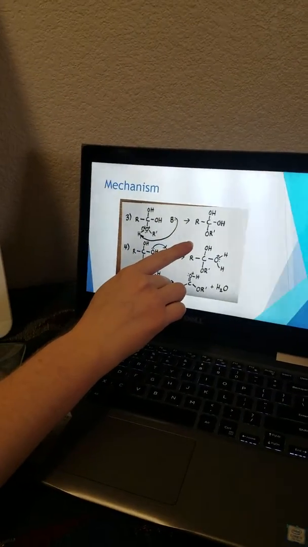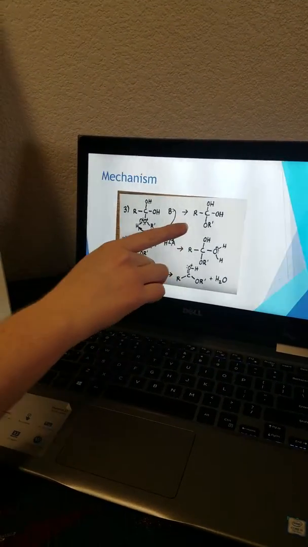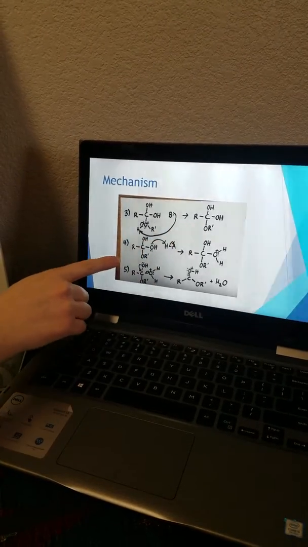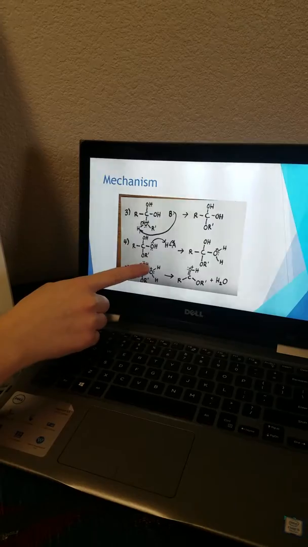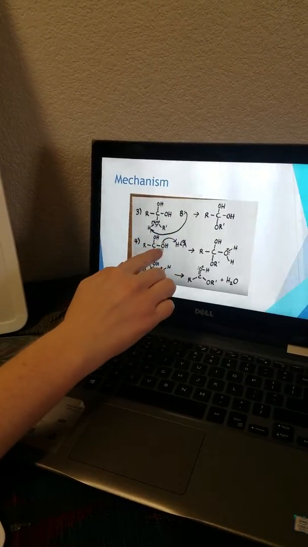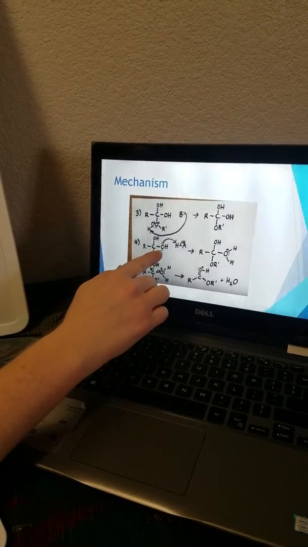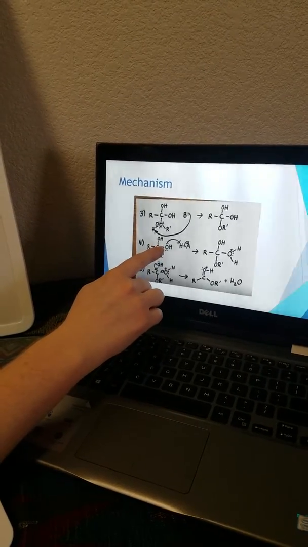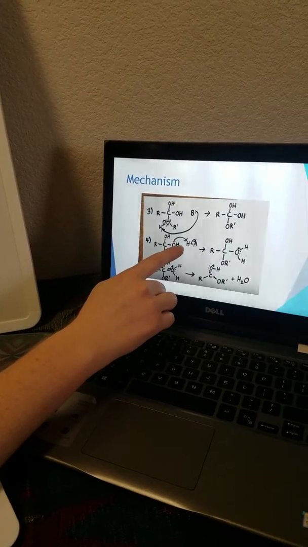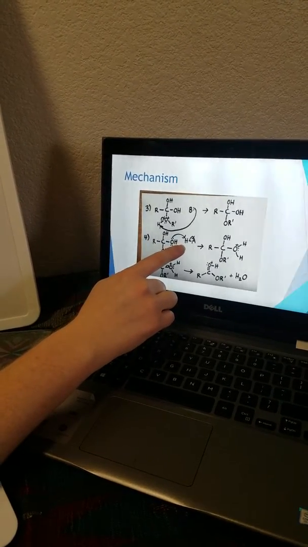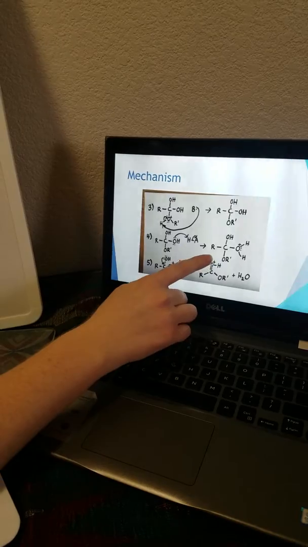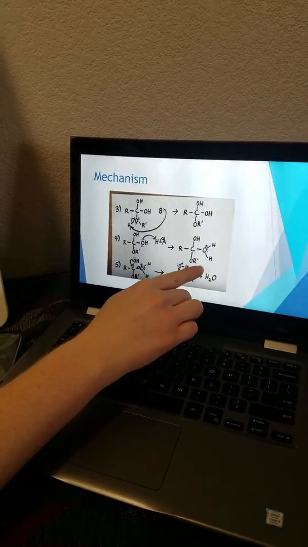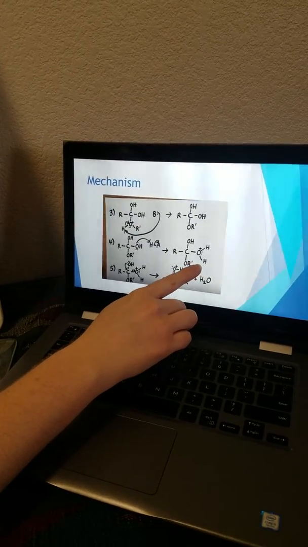So then you have this stabilized form. So then you add another acid, and the hydroxyl group, it doesn't matter, it could be either hydroxyl group, but one of the hydroxyl groups, the lone pair on the oxygen, will attack the hydrogen, and that will result in this compound, which has an H2O group, a water group over here.